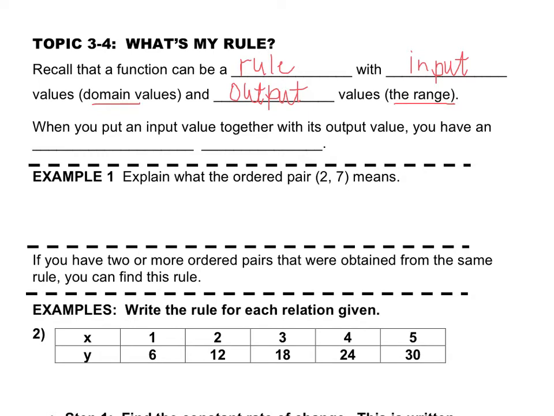When you put an input value together with its output value, then you have an ordered pair. So we saw this with the last topic where you took some domain values and you plugged them in for x, and then you got some range values, and then we paired those up, and those were ordered pairs.